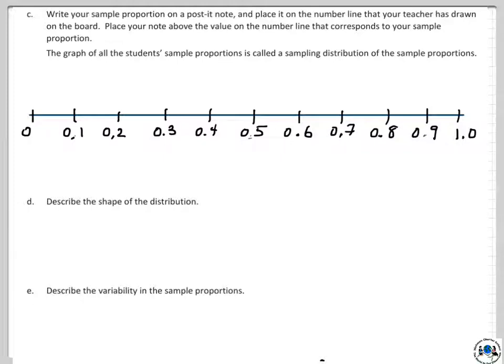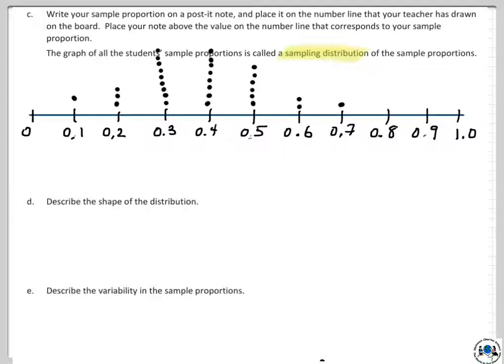If we had a group of 60 students, this sampling distribution dot plot might look something like this. Our small class of 14 would not look like this, but it might have similar variability, and you can see the variability here.